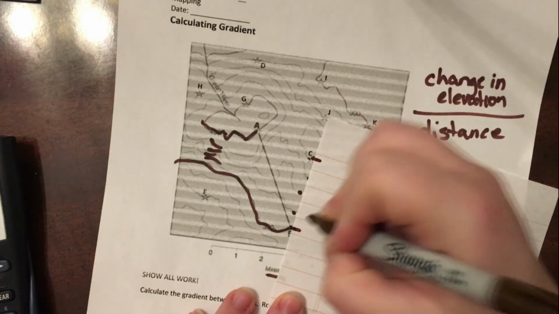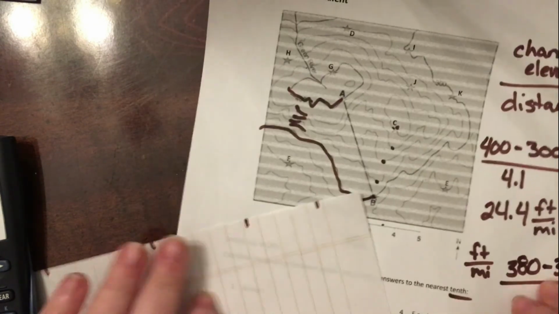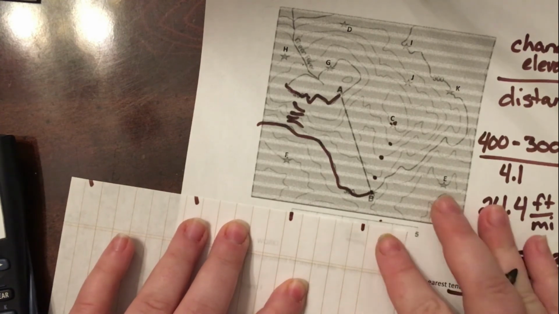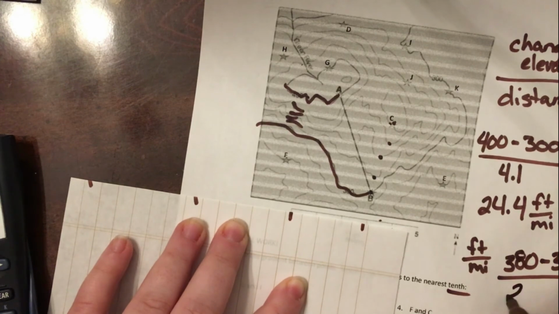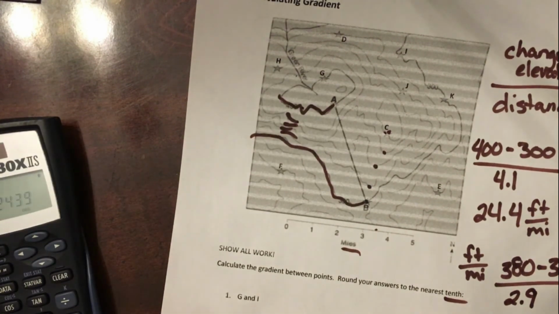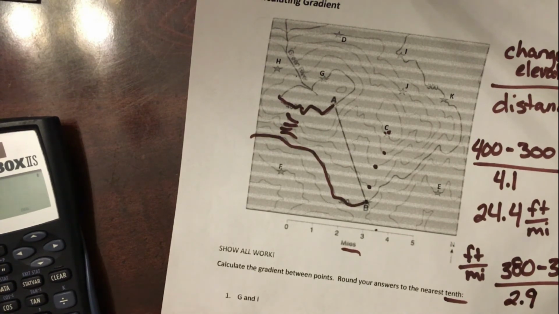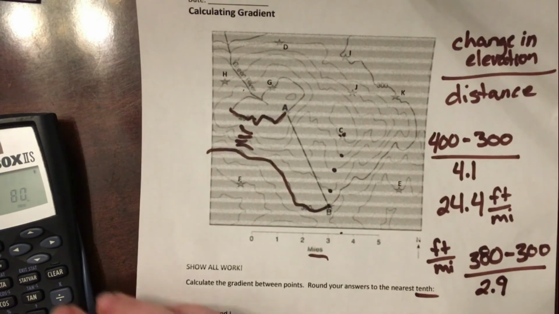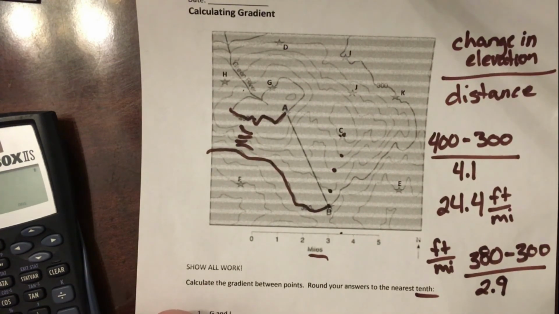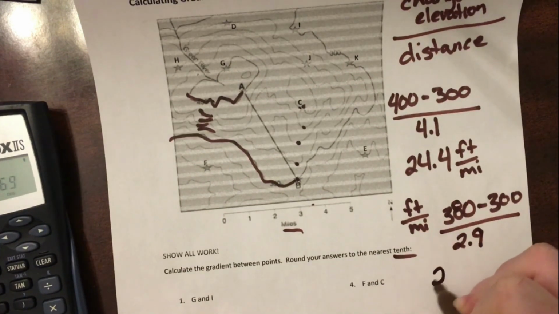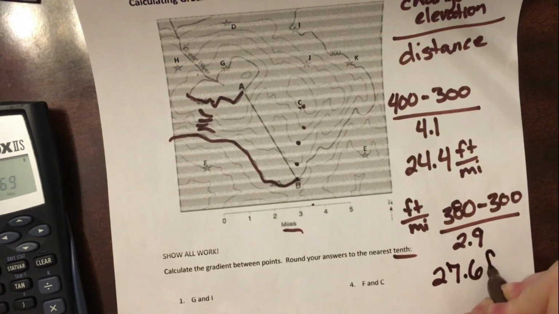Here's C, here's B. As I hold it up, it looks like it's a little under 3 miles, so 2.9 miles. And then just type in 380 minus 300, which gives us 80. Always do the bigger minus the smaller. Divided by the distance, 2.9, gives us, to the nearest tenth, 27.6, and again the units would be feet per mile.